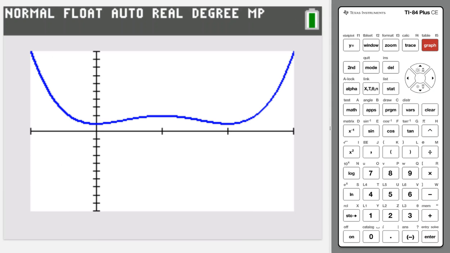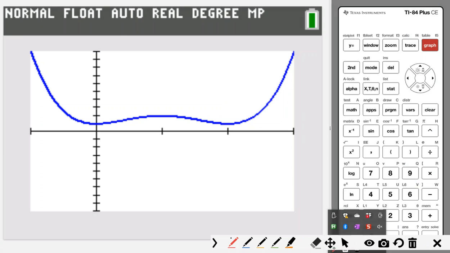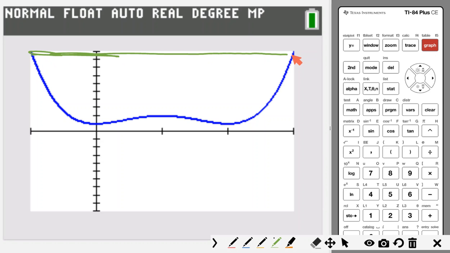Okay, so on the right side of mean value theorem, the instantaneous rate of change. There we go. So this would be the average rate of change. So we figured out that that was 0.